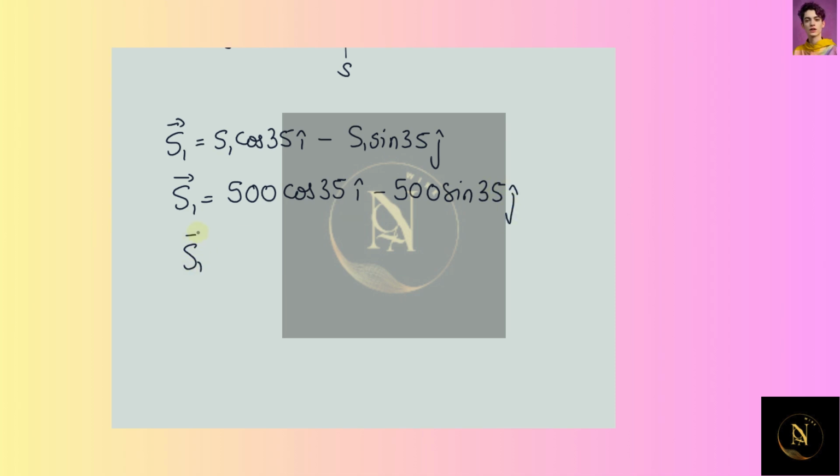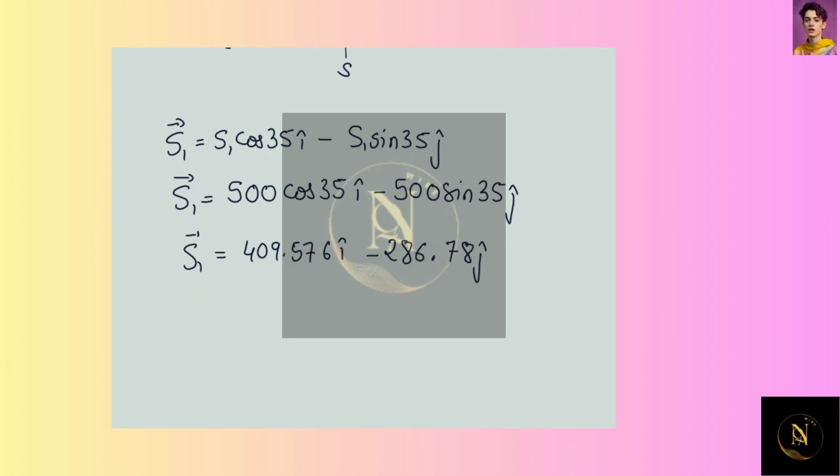So the S1 vector turns out to be 409.576 I cap minus 286.78 J cap.